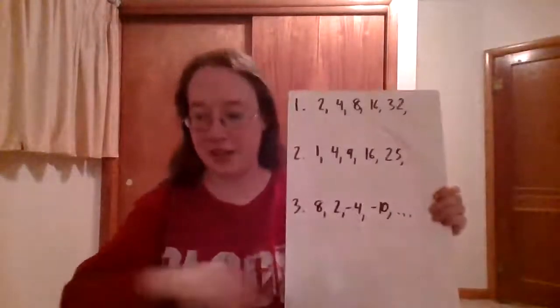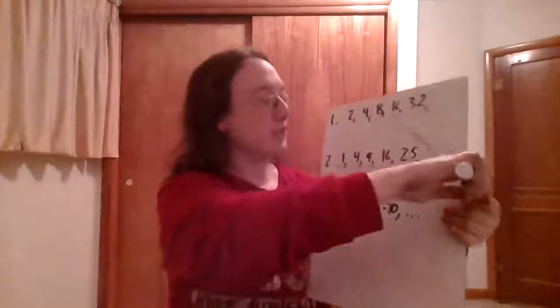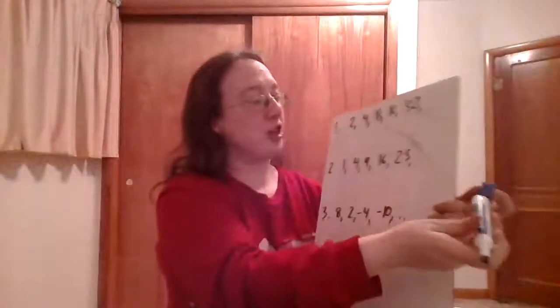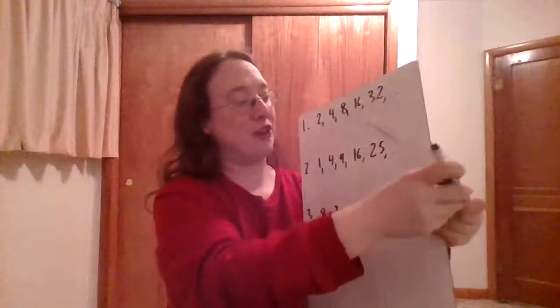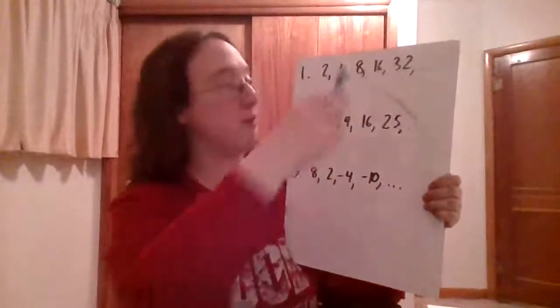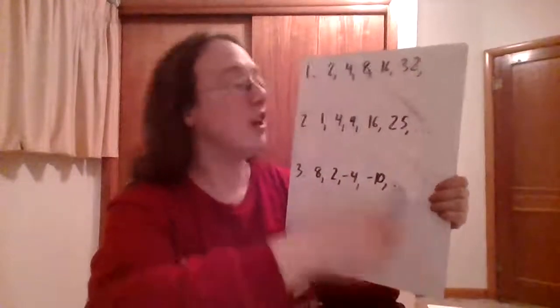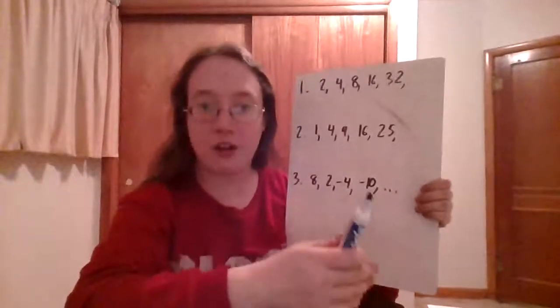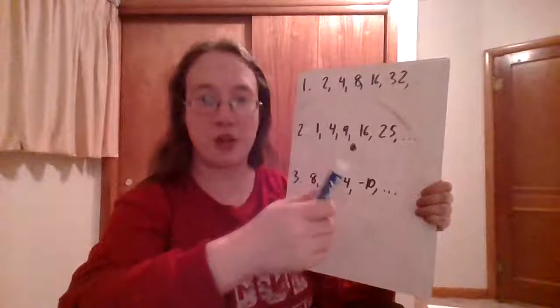Okay, so going to get right into this. I'm assuming by now you've opened up the Google Doc and we are ready to go. For these first couple, if you look at the directions, that's why I said open up the Google Doc, because I didn't write out all of the directions on the whiteboards. What we're looking for here is whether our sequence is arithmetic, geometric, or neither.